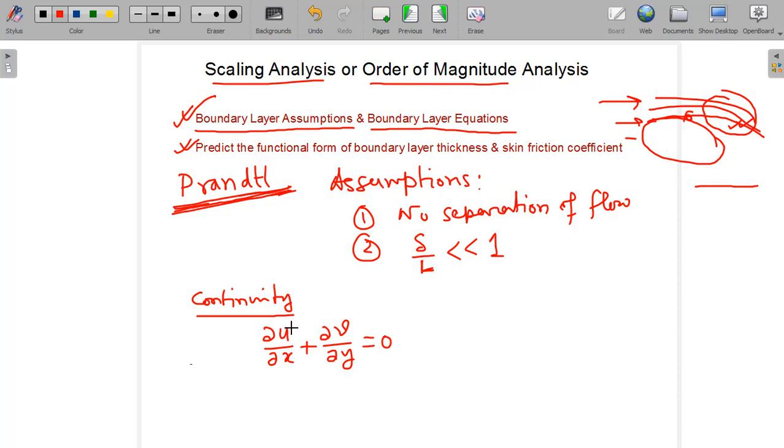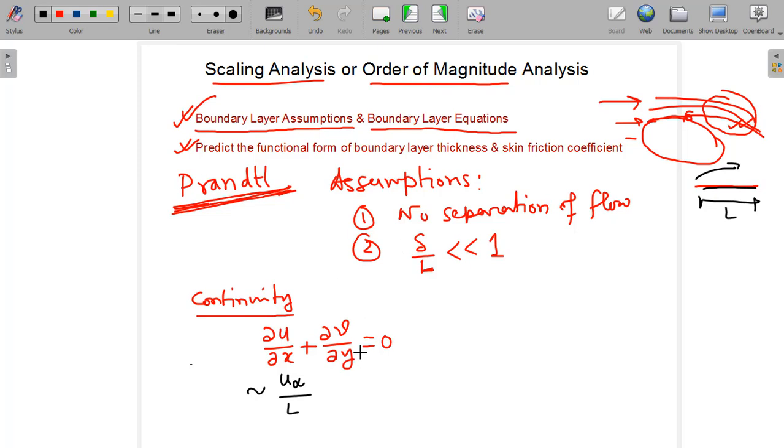It is u infinity, and the maximum value of x, in the case of a flow over a flat plate, is definitely the total length of the plate, so u infinity divided by L. That is the order of magnitude of the first term.